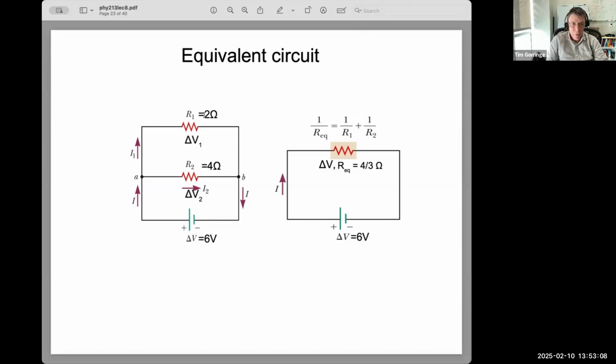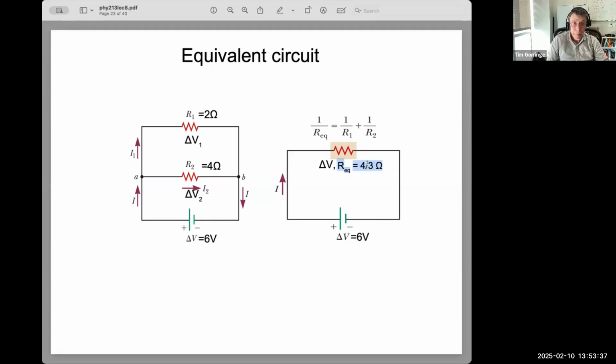Well, 1 over R1 is 1 over 2, which is a half. 1 over R2 is 1 over 4, a quarter. 1 half plus 1 quarter is 3 quarters, but that's 1 over the equivalent resistance. So I want 1 over 3 quarters, which is 4 over 3, or 1.33. That's actually the equivalent resistance.